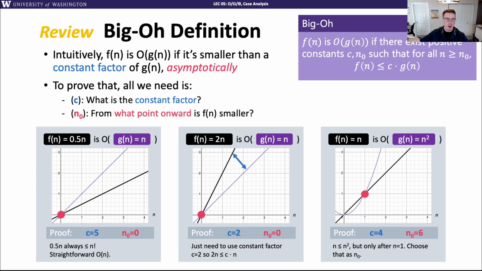You just have to show that this less than or equal to relationship holds for all n greater than n naught. We showed you on Wednesday how you could do a proof using this when there are multiple terms. And remember, the proof is not the learning objective. If you want to talk about it, it's kind of interesting, but we're not going to focus on that today. We're just going to focus on the intuition of the definition.